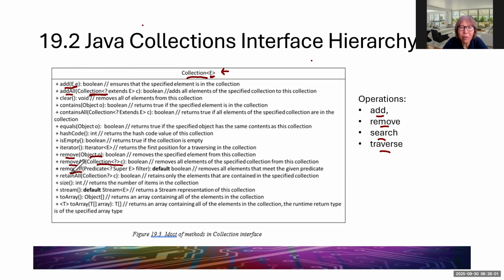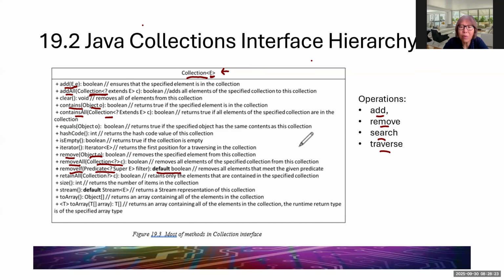Okay. And you can also specify some condition for removing, and this method is a default method. Okay, so that's for adding and removing, and you can also do search like contains, to search for a single one or search for a collection.